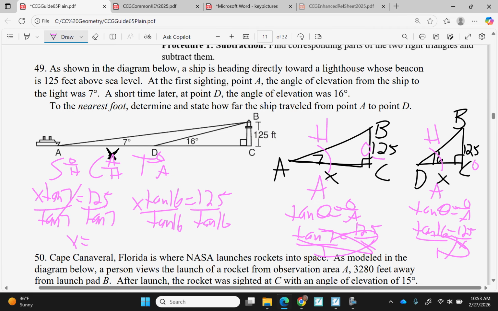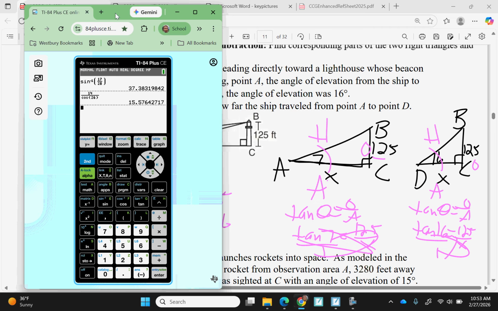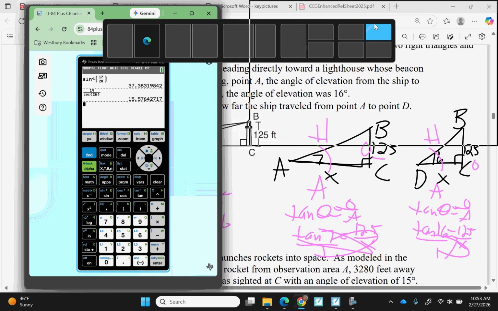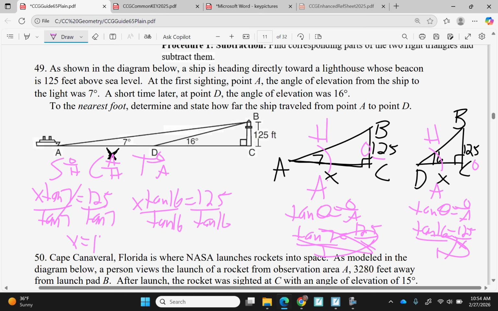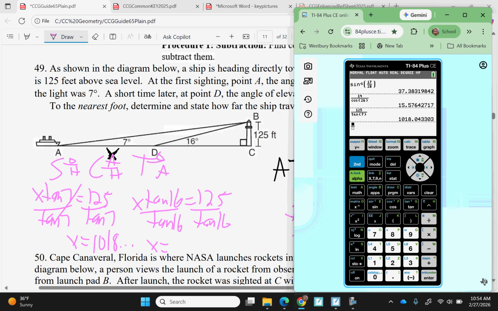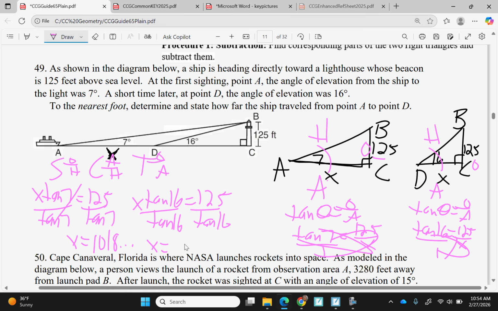X equals 125 over tan of 7. 125 over tan of 7 is 1018 dot, dot, dot. 125 over tan of 16 is 435 dot, dot, dot.